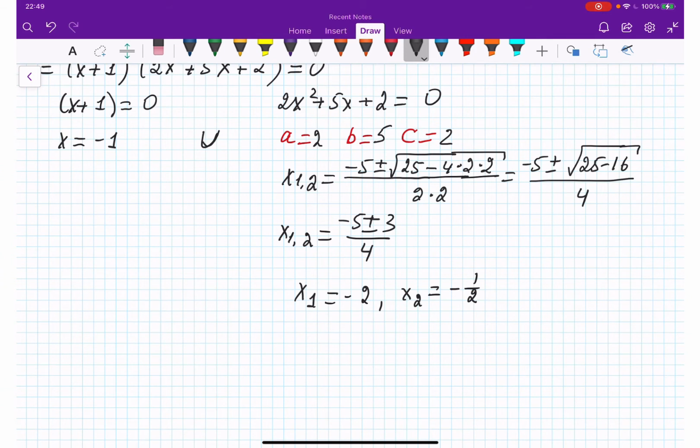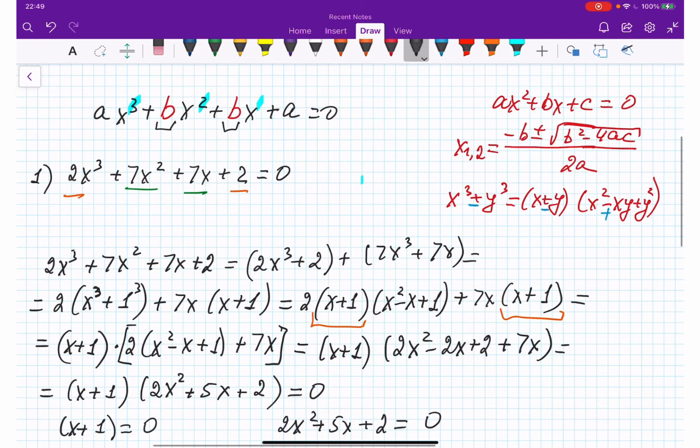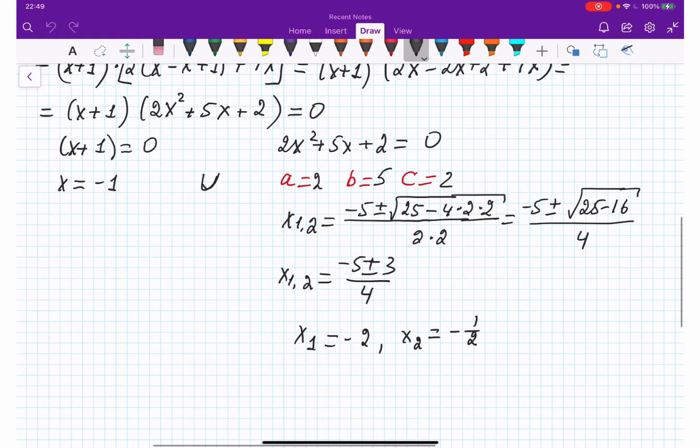And why is it going to be 3? Because the highest degree of the equation is cubic, right? 3. The highest degree of the equation always shows how many solutions you're going to have, how many x's you're going to have. So the answer is negative 1.